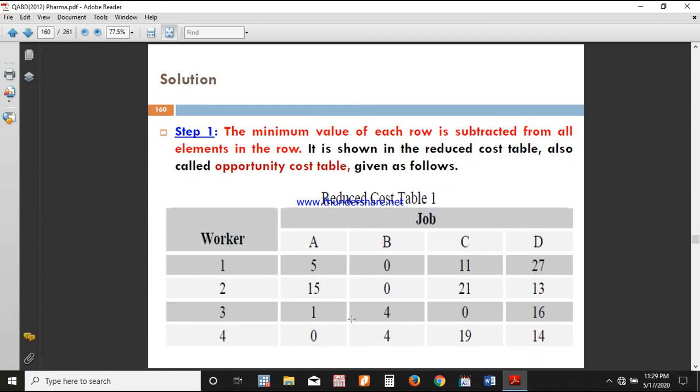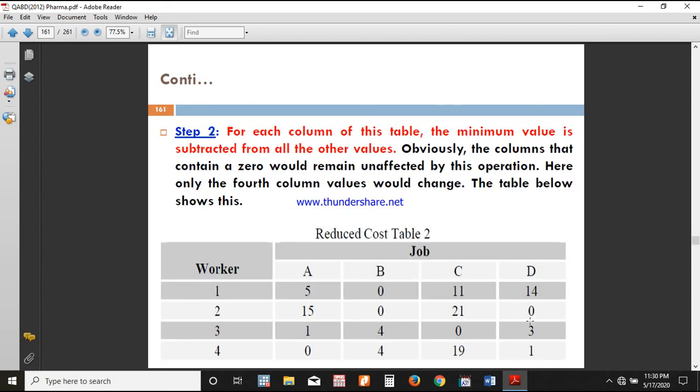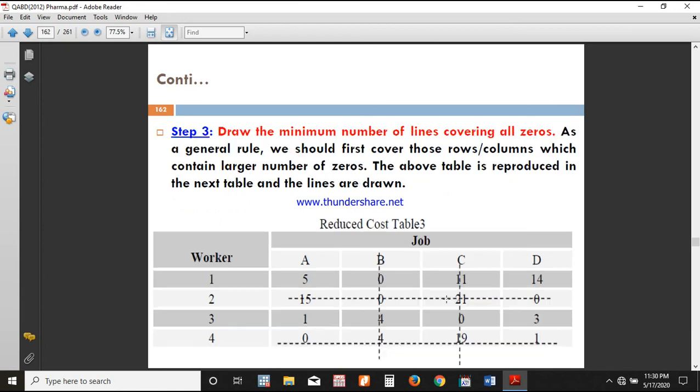Here there is at least one 0 in each column except column D. Therefore you can take the smallest value from the fourth column, that is 13, and deduct it, and the values will become like this. Therefore there is at least one 0 in each row and one 0 in each column.